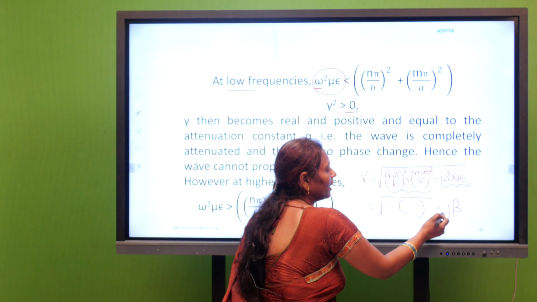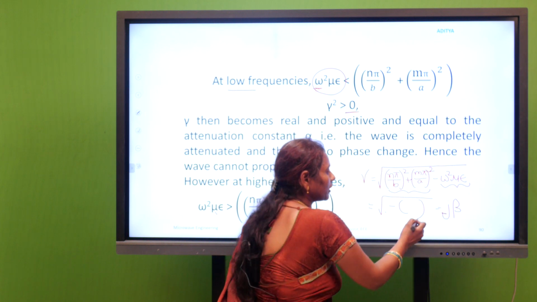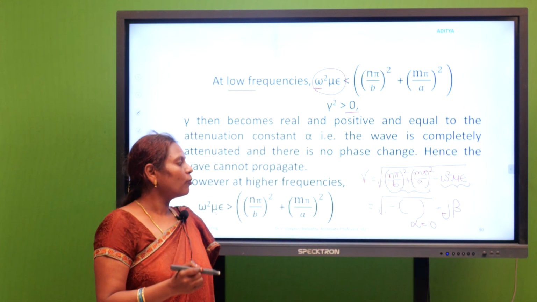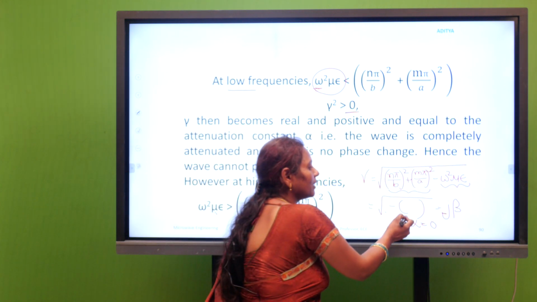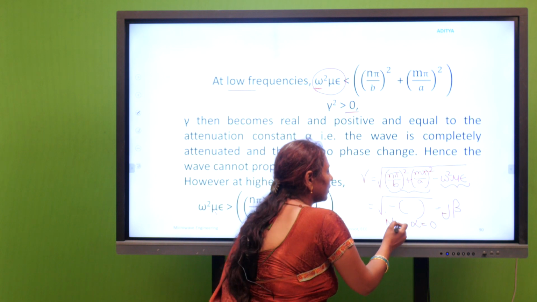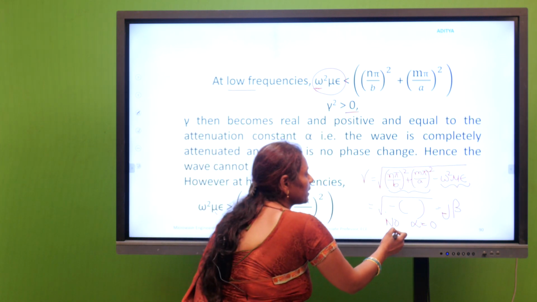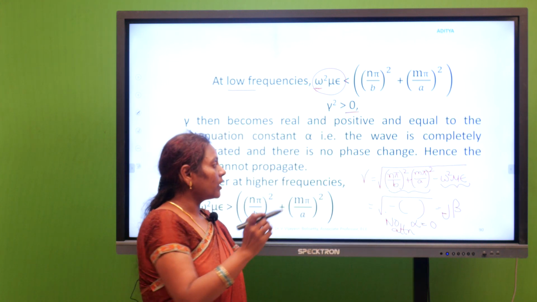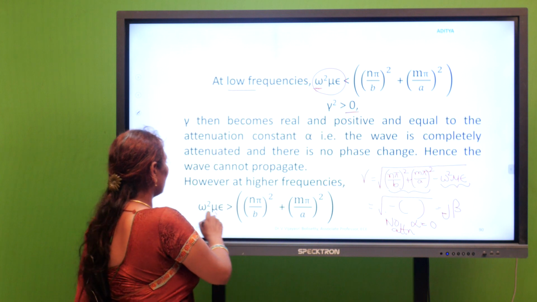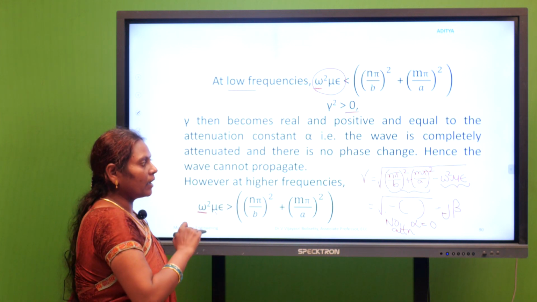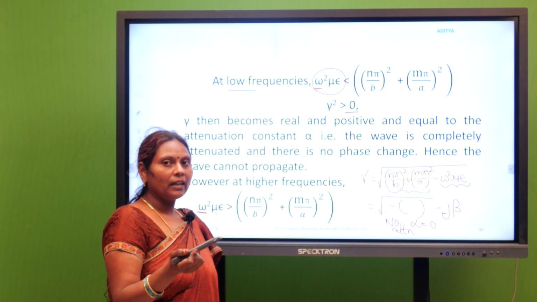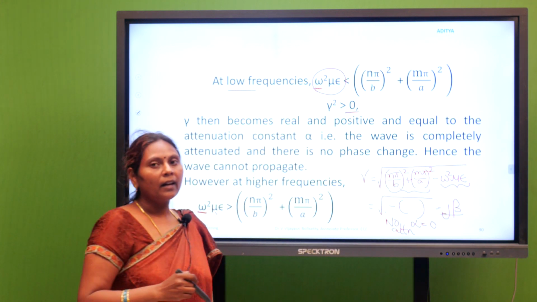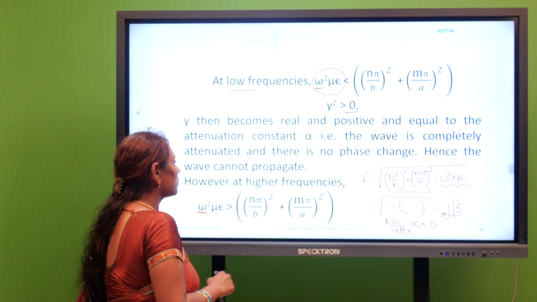So here there is no presence of alpha, that means alpha is equal to 0. As alpha is equal to 0, there is no attenuation present, and hence the signal whose frequency is omega can propagate through the rectangular waveguide, because it has only the phase constant and no attenuation constant.